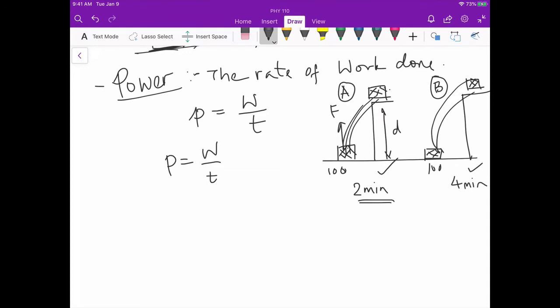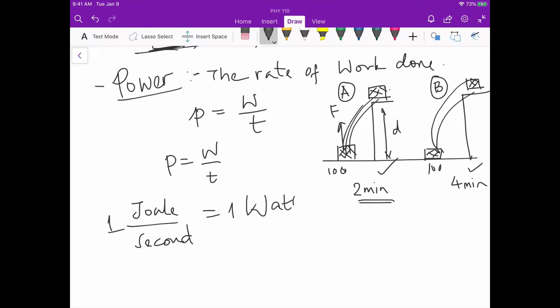How much work you can accomplish per unit time. Somebody who does the job at a faster rate is more powerful. So when it comes down to its unit, the unit of power is going to be joule per second, and that joule per second has a special name known as watt.